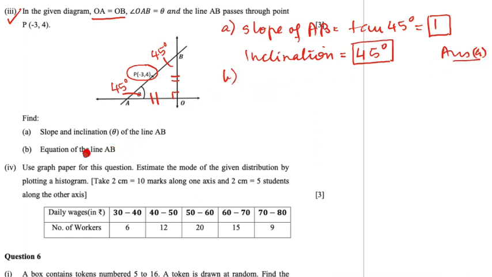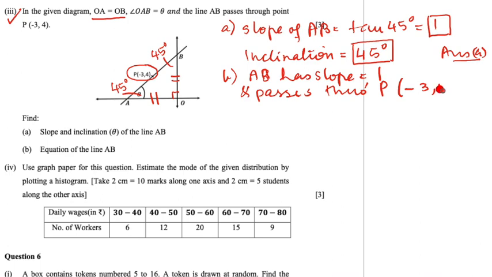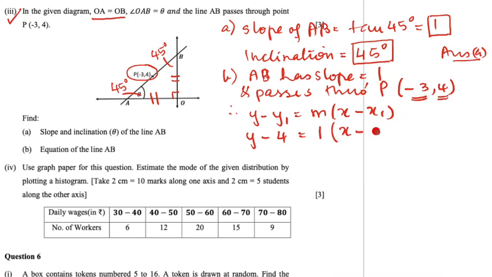Now part B, they are saying find the equation of line AB. So AB has slope equal to 1 and it is passing through P, which is minus 3, 4. So we will use the slope point formula, y minus y1 is equal to m into x minus x1. So y minus 4 is equal to m, which is 1, that is the slope, and x minus x1 is this value, so minus into minus means plus 3.